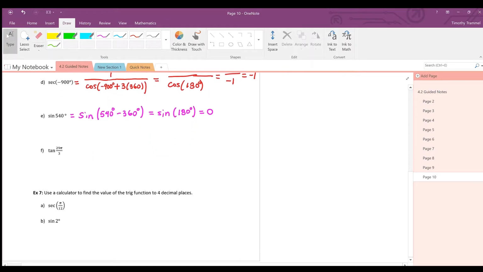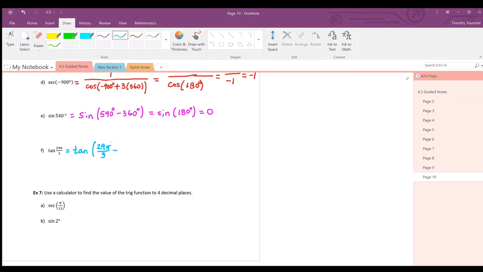All right, and another one. Tangent of 29 pi over 3. And if you haven't already, pause the video, try this one without me. So you might have found that the period for tangent is pi, not 2 pi here.